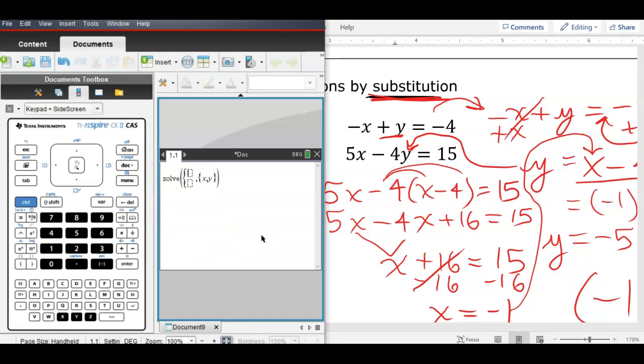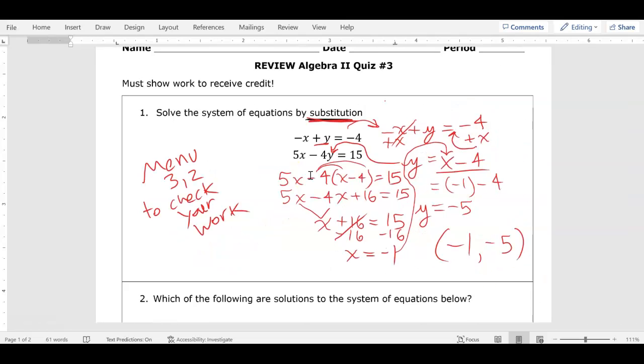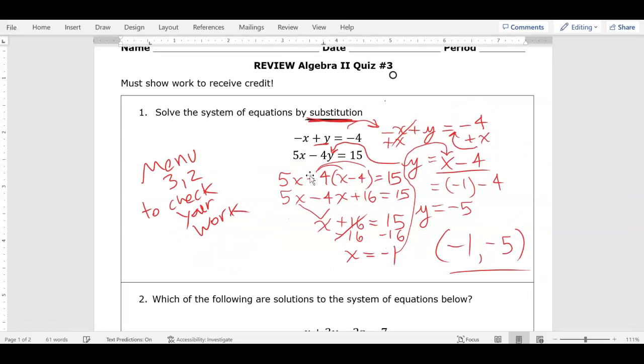I'm going to type in these functions, negative x plus y equals negative 4, go down, 5x minus 4y equals 15, hit enter, I get negative 1 and negative 5, and that's the answer I got over here. So I've checked my work.